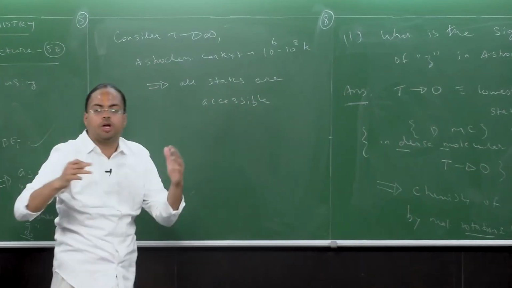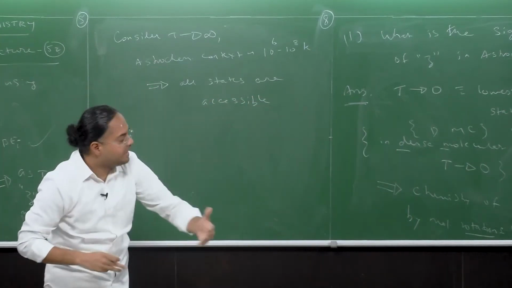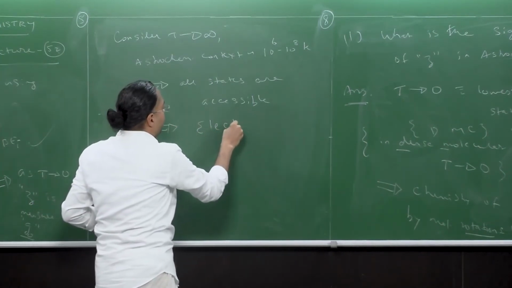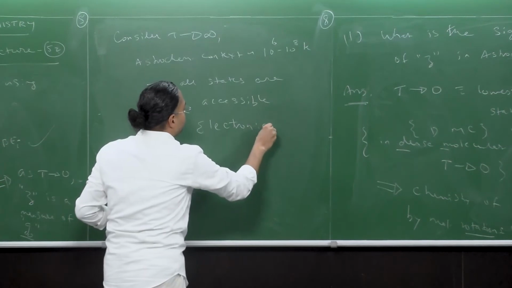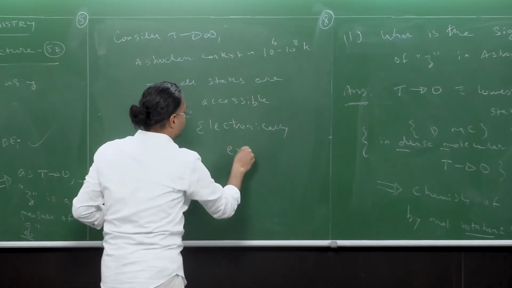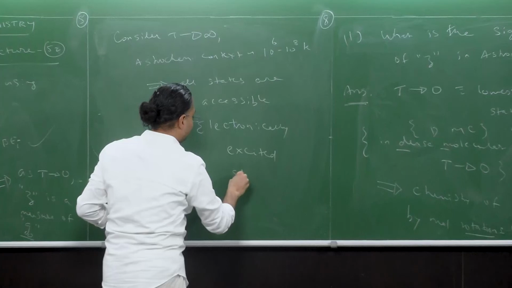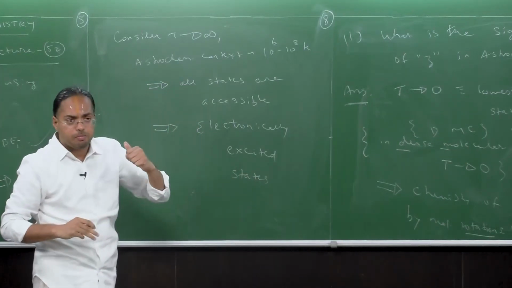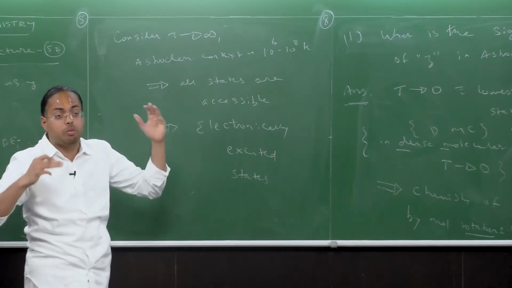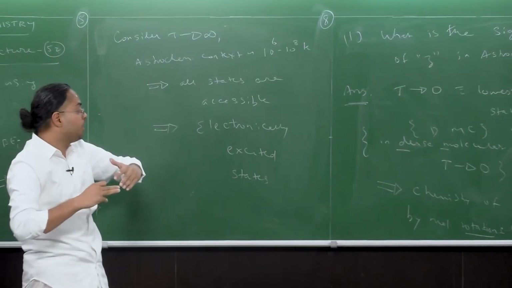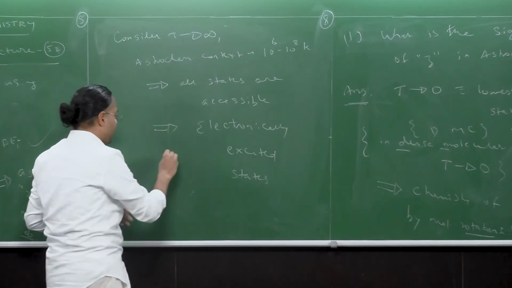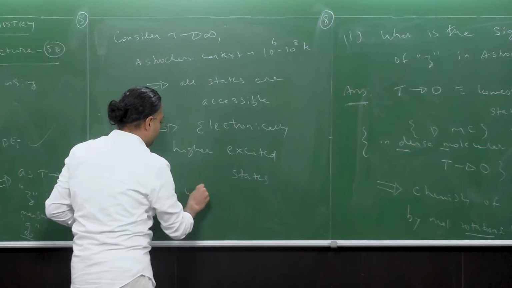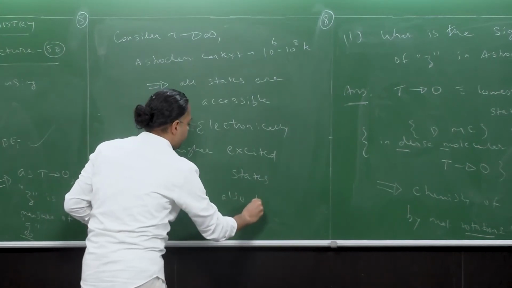When I say all states, I'm talking about all energy states, which implies that electronically excited states, that is, electronically very high excited states, we're not just talking about the first or the second excited state, we're talking about higher excited states, will also be important.